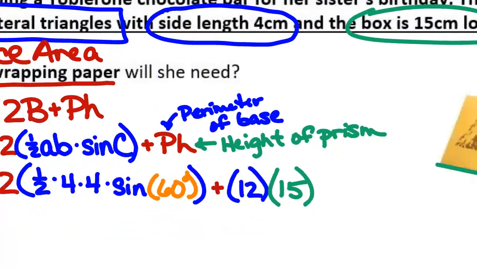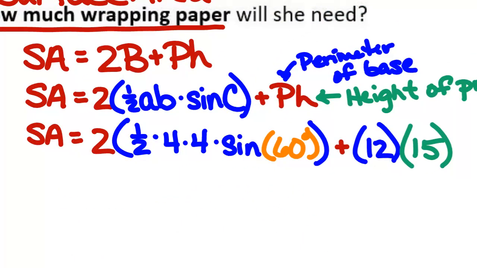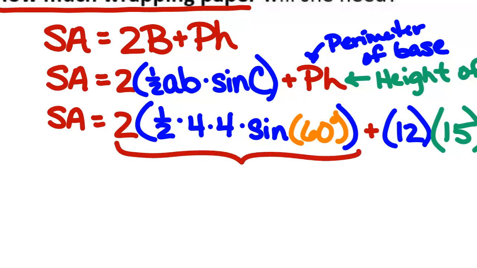All right, let's calculate this now. What is 2 times 1/2 times 4 times 4 times the sine of 60 degrees? I got 13.85, and then I rounded it up to a 6 for that third decimal place.